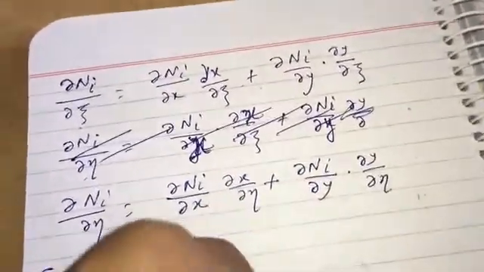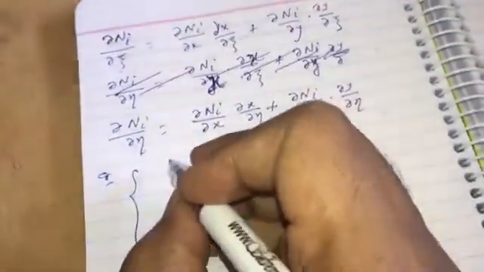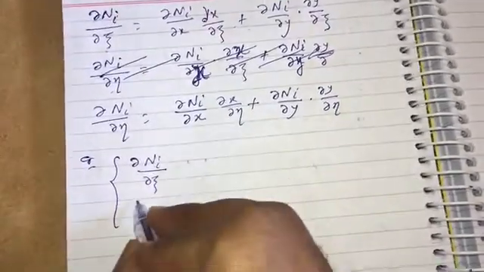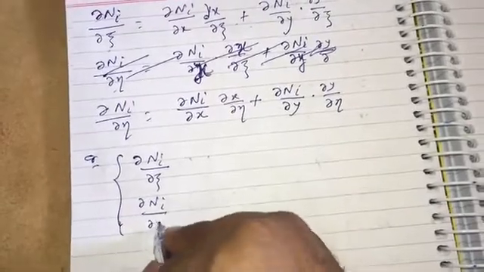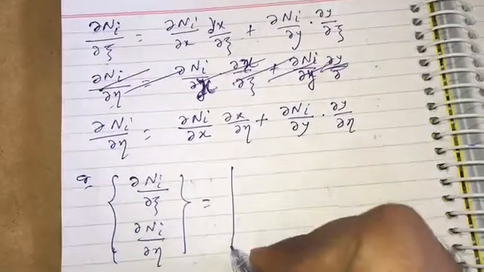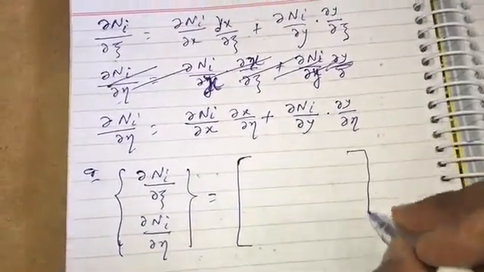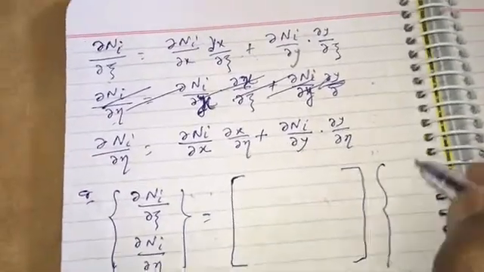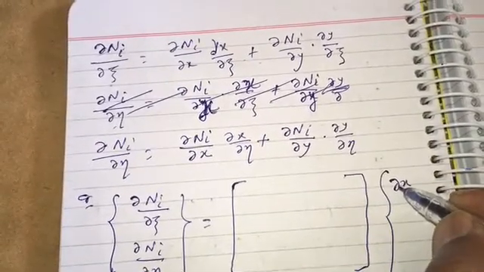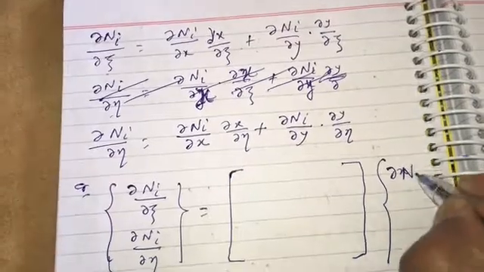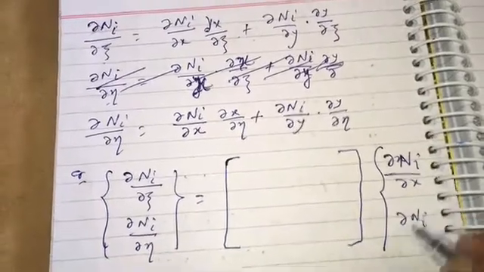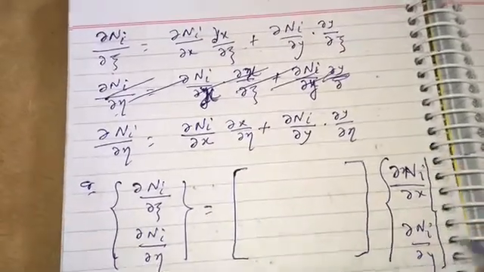Or we can write del N_i over del xi and del N_i over del eta as a matrix times a vector of del N_i over del x and del N_i over del y.